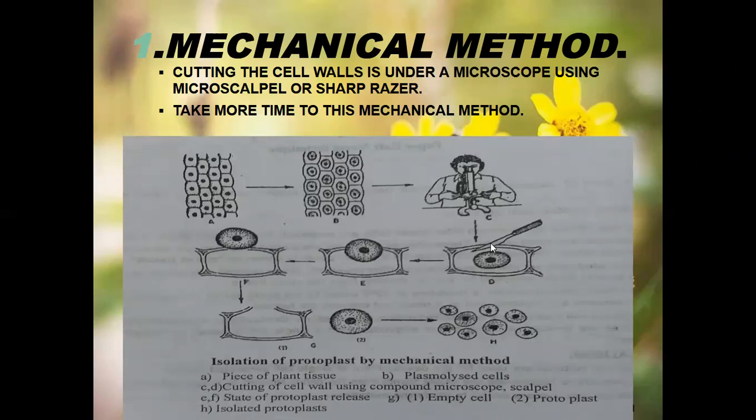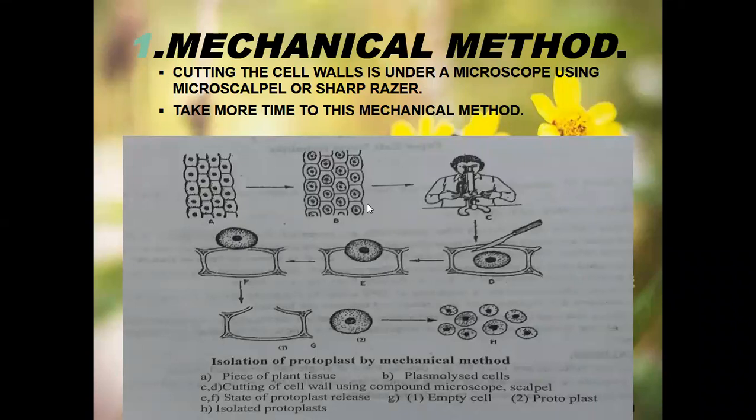We use sharp razors and microscalpels and slowly remove the cell wall. Finally, we isolate protoplasts from the selected plant cells. See, protoplasts are taken in one petri dish after collection by the mechanical method.